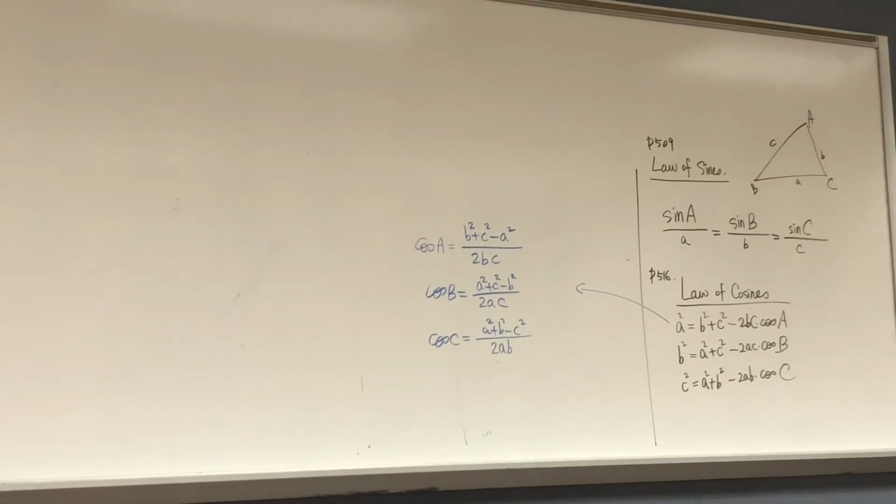So here, what was the answer? Cosine A is what? 64 plus 144 minus 25 over 2 times 8 times 12, which is 192. 108 minus 25 is 83. 183 over 192.